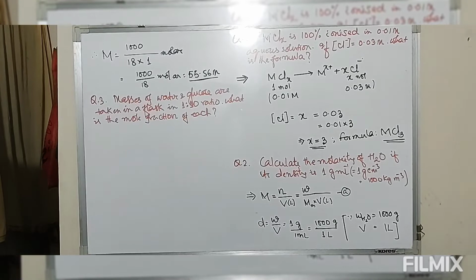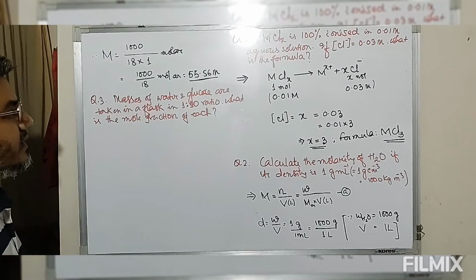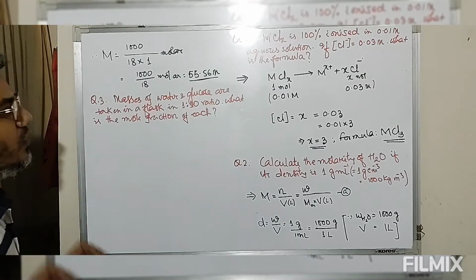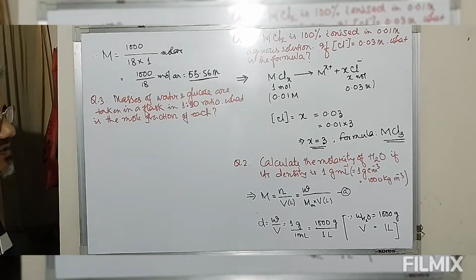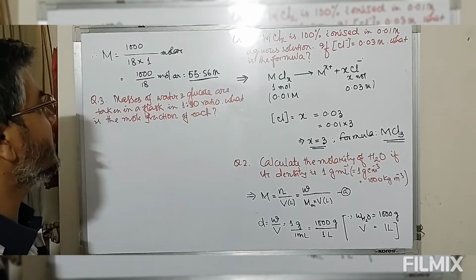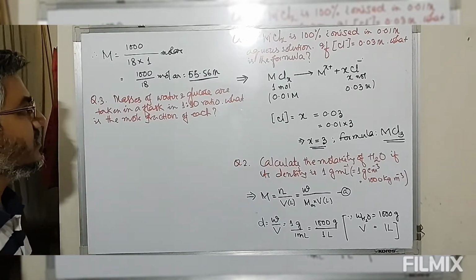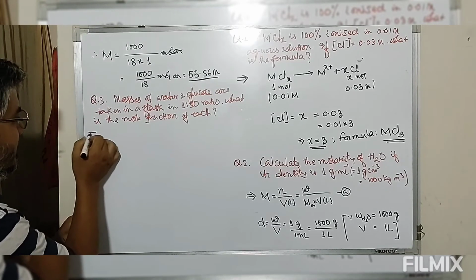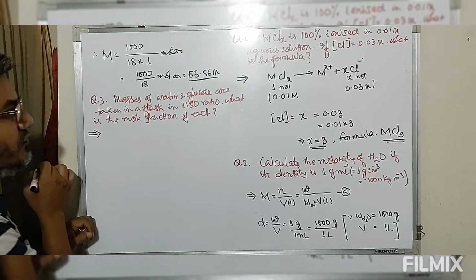We have next problem. In a container, we take water and glucose in the ratio 1:10 by mass. The question says, what is the mole fraction of each component in the mixture? So the strategy is, we have to define the mole fraction.